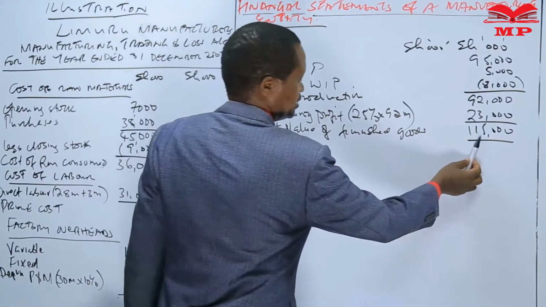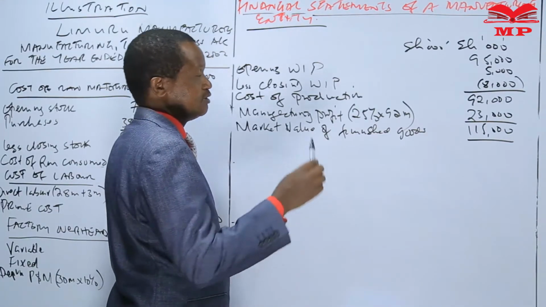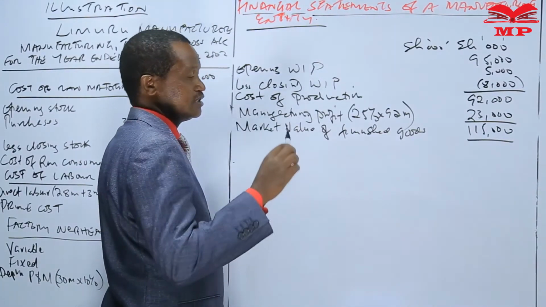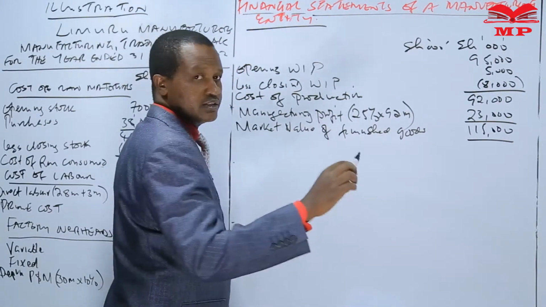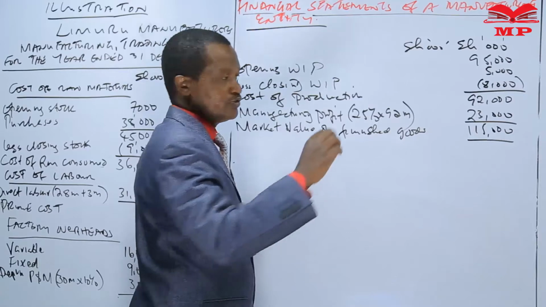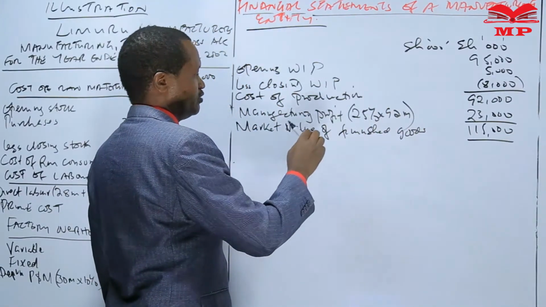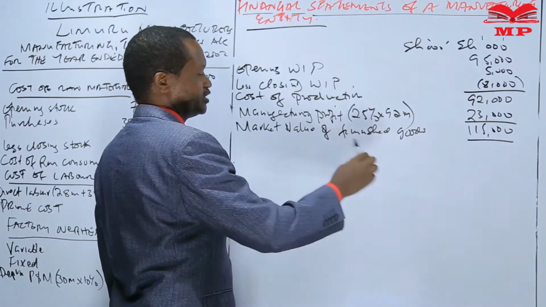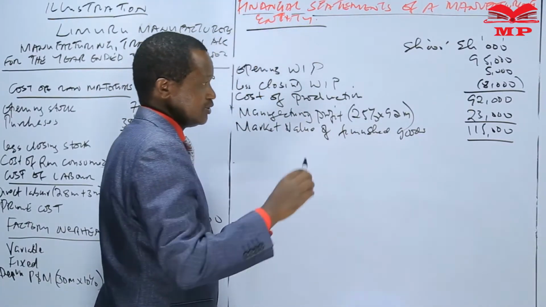This is the value that will represent purchases. Manufacturing entities do not buy finished goods. They convert the raw materials into finished goods. So the total value of finished goods is what will represent purchases in the trading account.